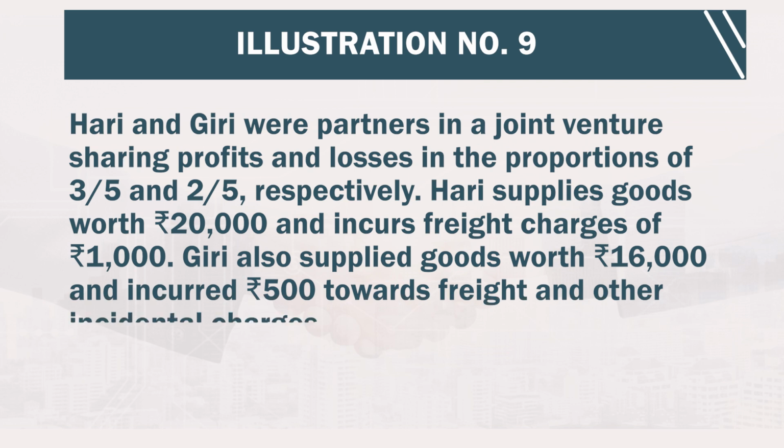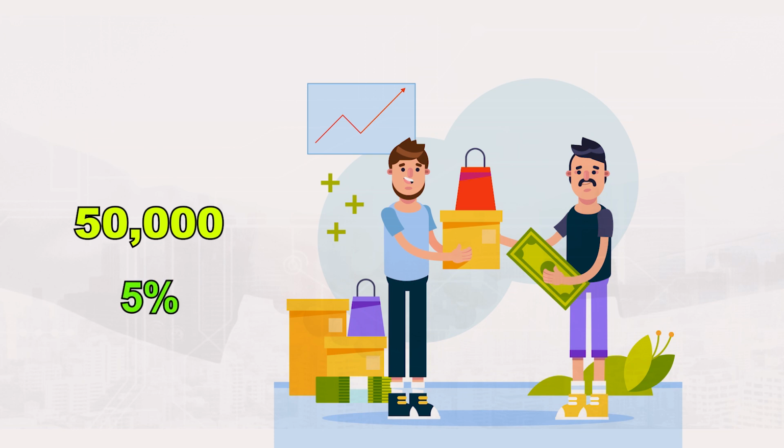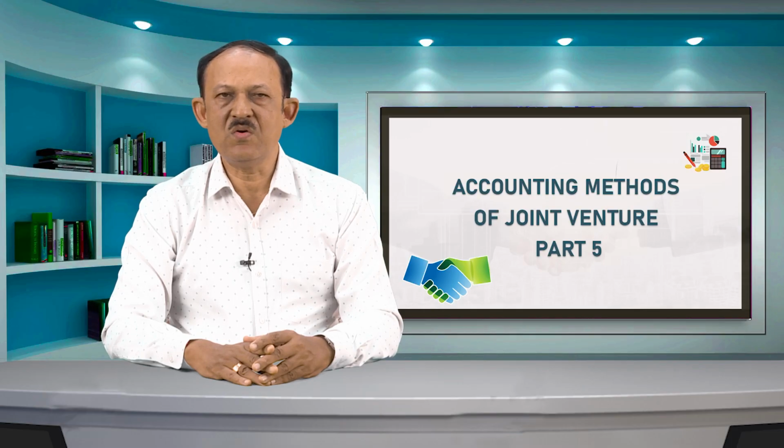Giri also supplied goods worth rupees 16,000 and incurred rupees 500 towards freight and other incidental charges. Giri sells the entire stock of goods on behalf of the joint venture for rupees 50,000. Giri is also entitled to commission of 5% on sale. Prepare memorandum joint venture account in the books of Hari and Giri.